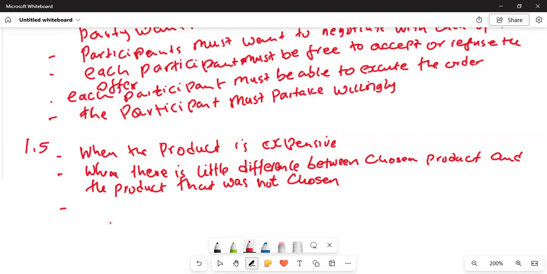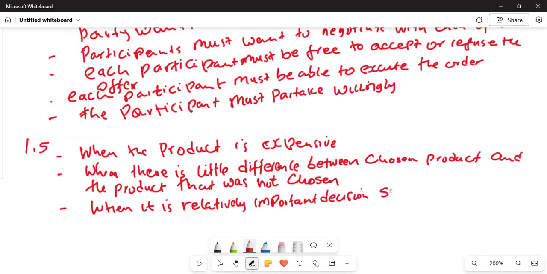When it is a relatively important decision, such as a house rather than a chocolate.